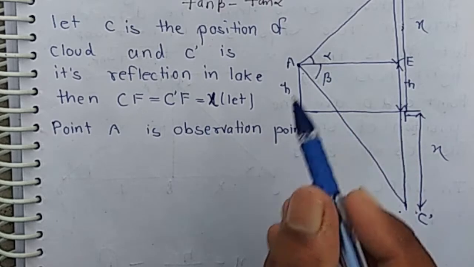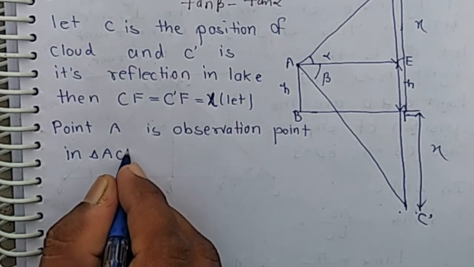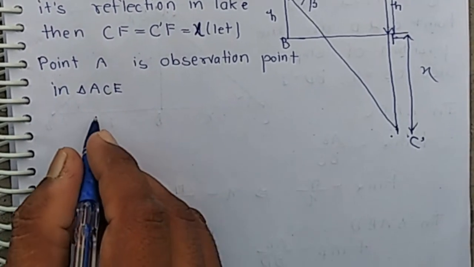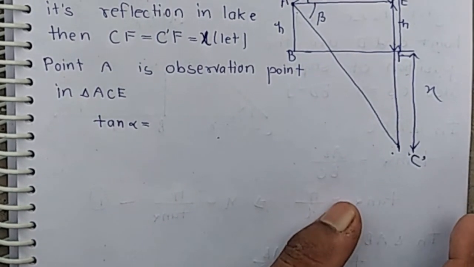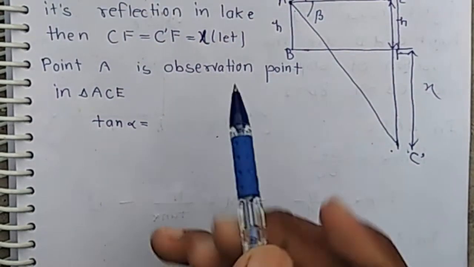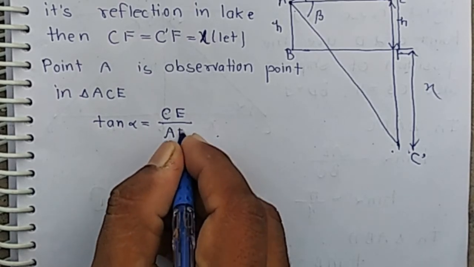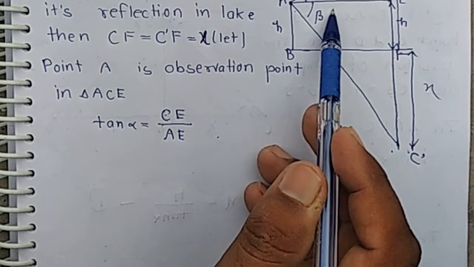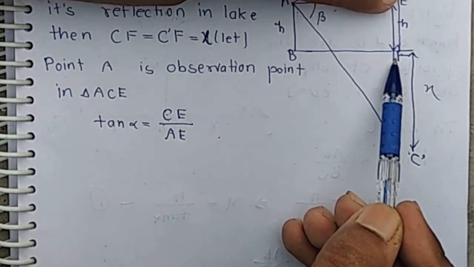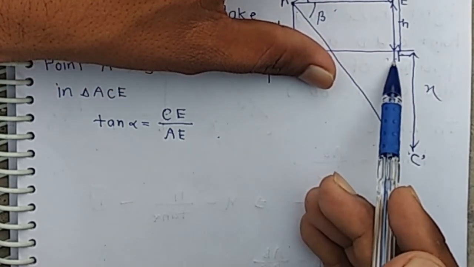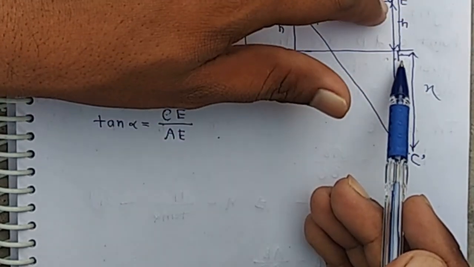Now, in triangle ACE, tan alpha equal perpendicular means CE by AE. Tan alpha equals CE by AE. CE is the difference of CF minus EF. If we remove EF from CF, CE is formed.